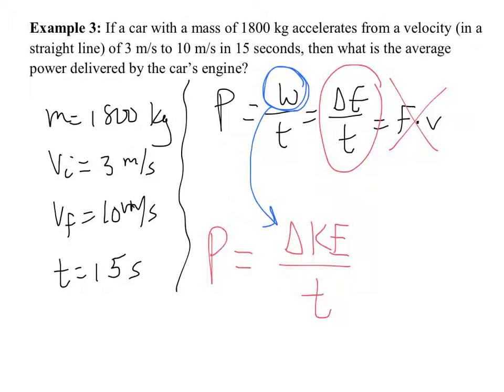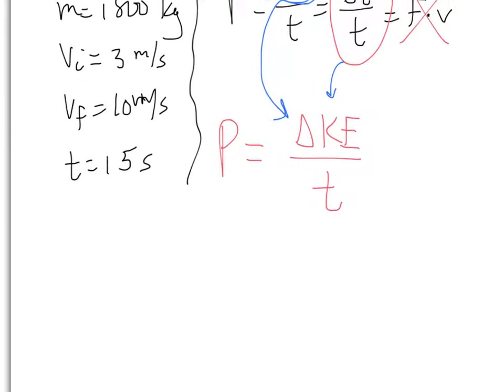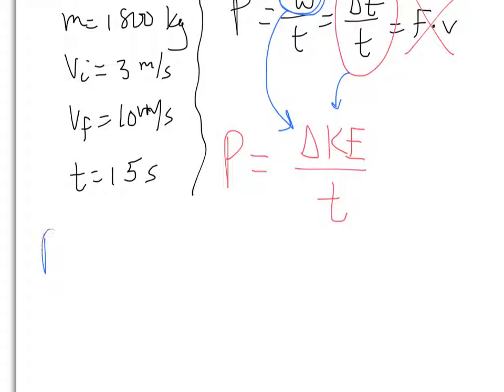So I could have used work over time, but then you have to remember that work equals delta KE. So personally, I would have considered, as Marianne said, the middle one, looking at the change in energy. But it's really the same answer either way. So let's go to this problem now. Let's take a look. So change means final minus initial.